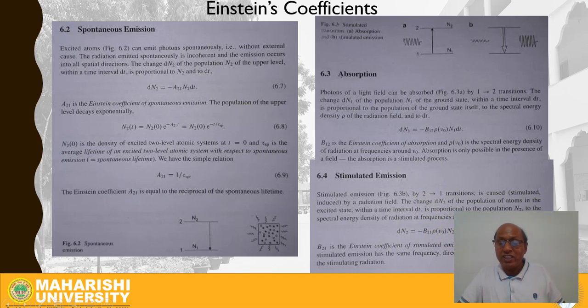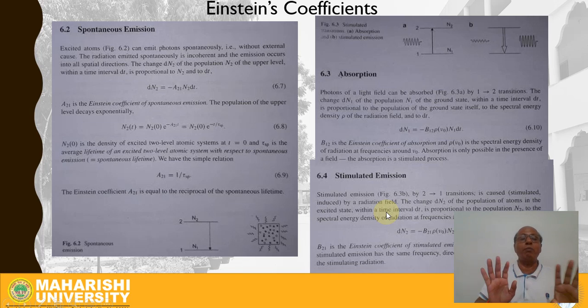And this radiation, because it is stimulated, will be similar in characteristics to the incoming radiation, rho nu 0. As you can see, it is written also: the radiation created by stimulated emission has the same frequency, direction, polarization and phase as the stimulating radiation.